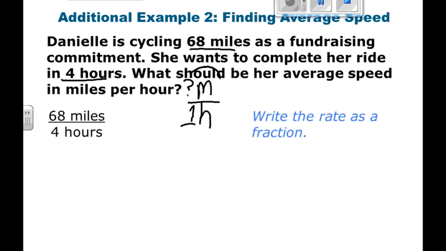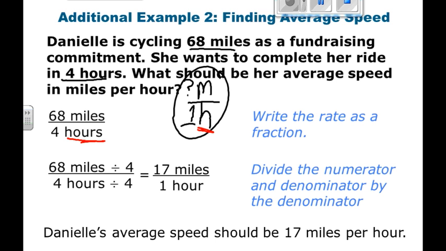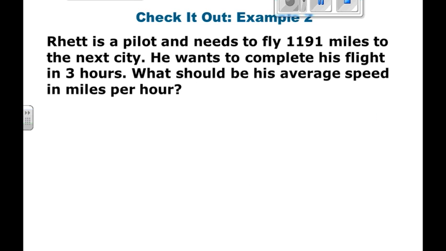If we write this as our rate, it's a rate because we're comparing two different things, miles to hours. We're going to put the 4 hours on the bottom and the 68 miles in the numerator. In order to get that 4 to a 1, we have to divide by 4. So we take the numerator and the denominator divided by 4, and we get 17 miles per 1 hour. So Danielle's average speed should be 17 miles per hour if she wants to finish in 4 hours.